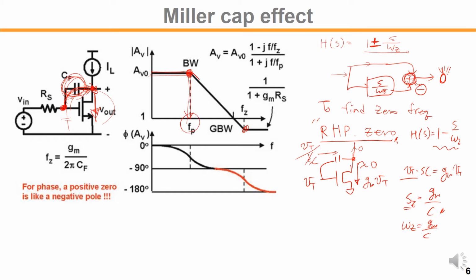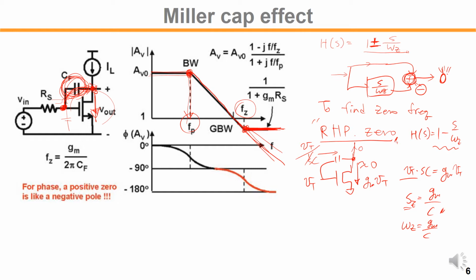Then the gain goes up, and when it gets to the zero frequency, we have a flat gain response, because we have a feedforward path through CF that gives us this high gain. Without it the gain will go down, but with it we get a higher gain response.